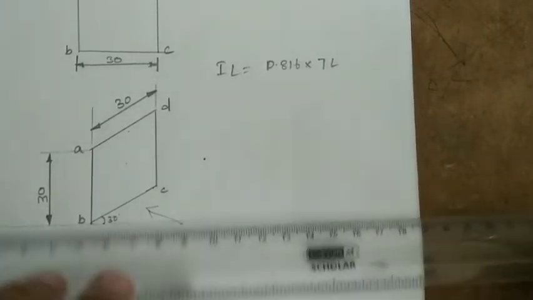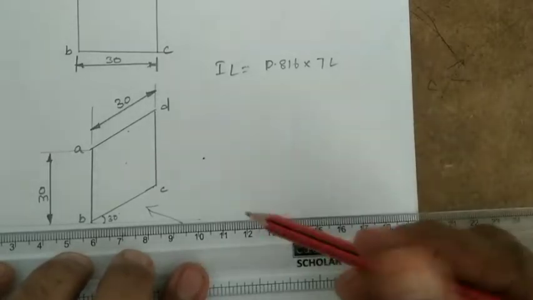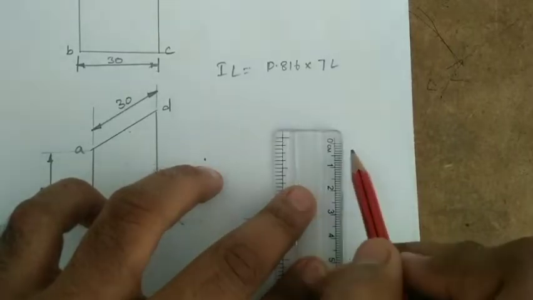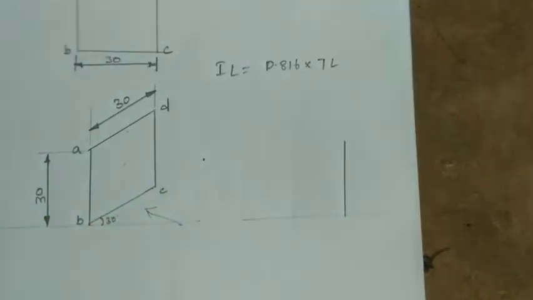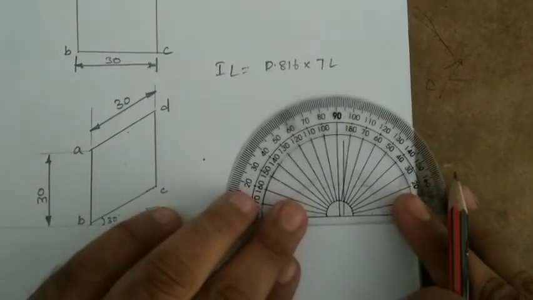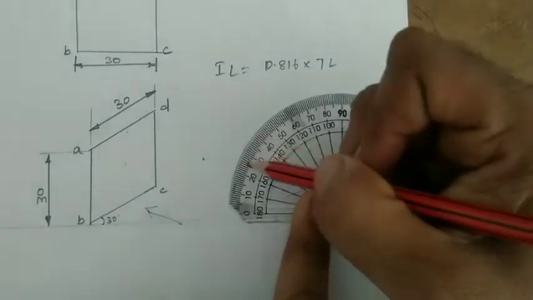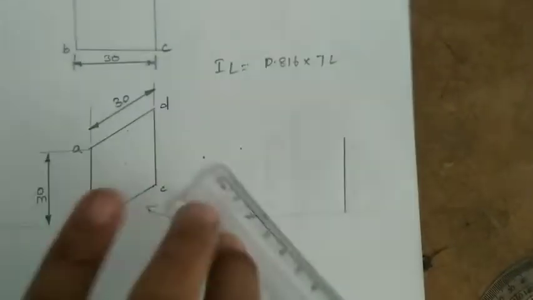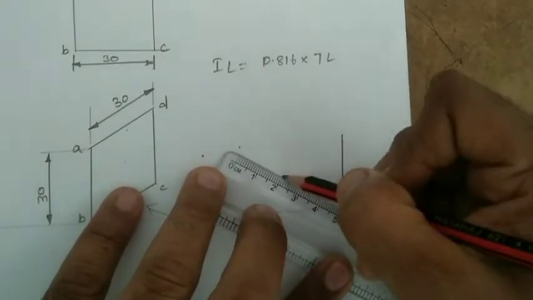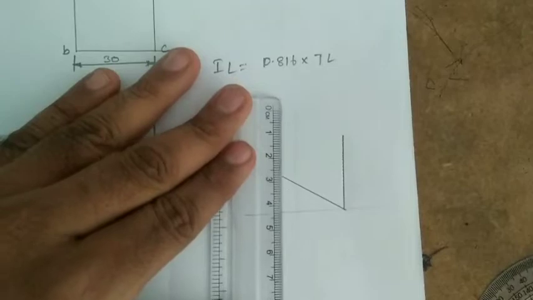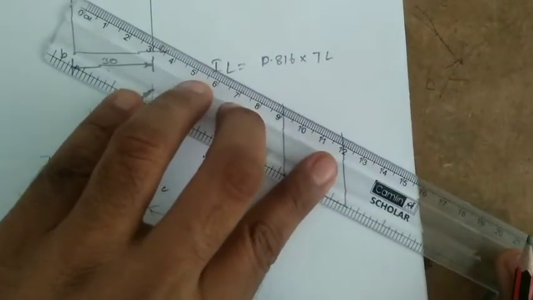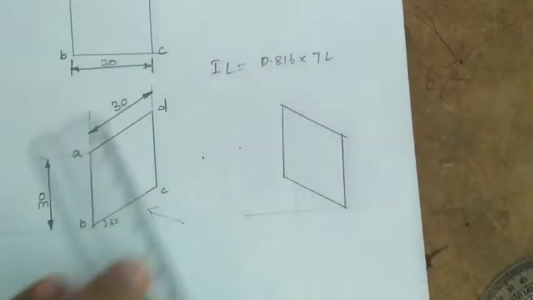In the same manner, you go ahead for construction, just drawing a line at an angle of 30 degrees. That's all.